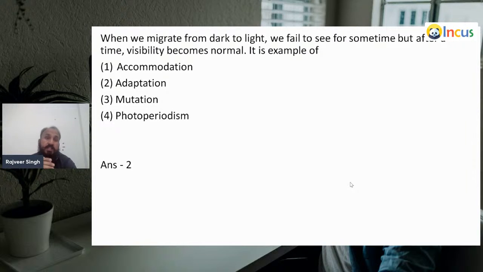Mutation, yes, mutation is the answer for a genetic variation, but here we are not talking about genetic variation, so definitely we can eliminate this option also. Adaptation, yes, perfect, this answer will be right. Why? I will explain in detail. Accommodation is not the right answer because it is just adjusting, and we are not adjusting here, so this option will be eliminated. Answer will be only second, adaptation.